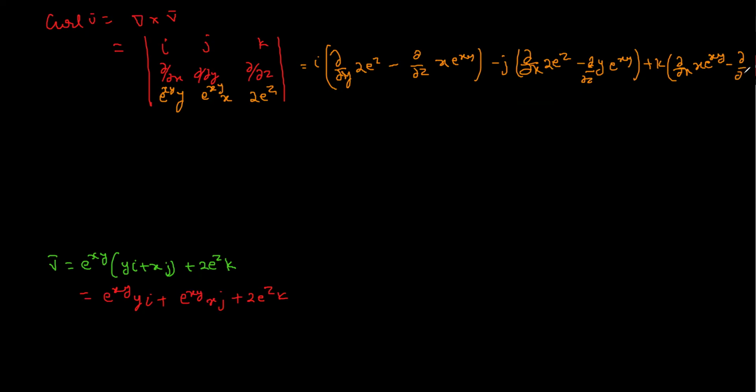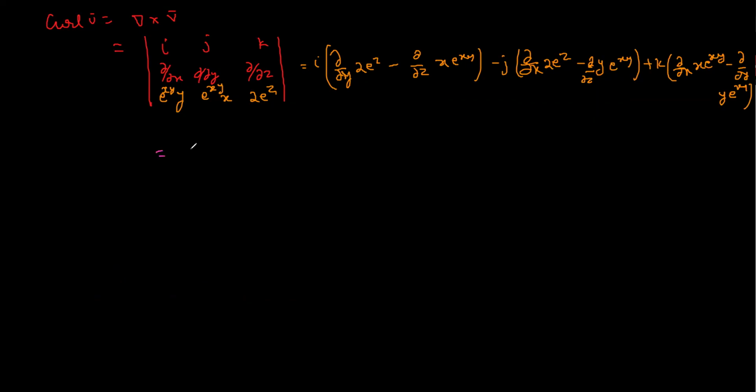With respect to y, see, with respect to y, there is no y, this is 0. With respect to z, there is no z, this is 0, right? With respect to x, there is no x. With respect to z, there is no z. With respect to x, here x is contained in both terms.